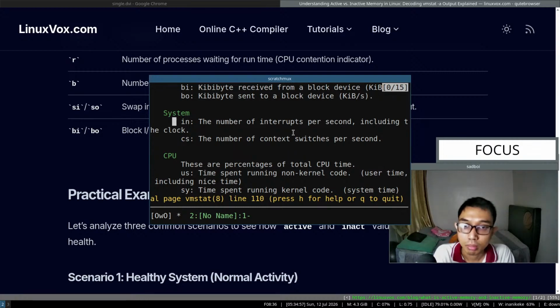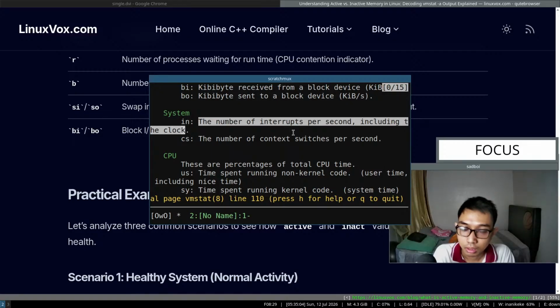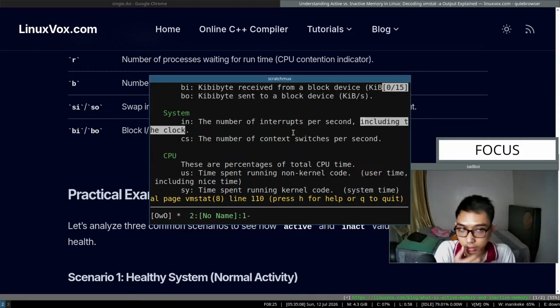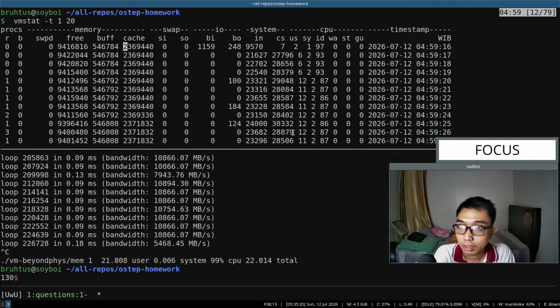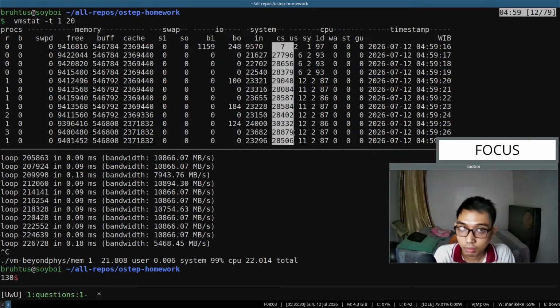Oh, there's number of interrupts per second, including the clock. I'm still not sure what this means. Like including the clock. Okay, number of context switches per second. Oh, we have quite a lot of context switches.